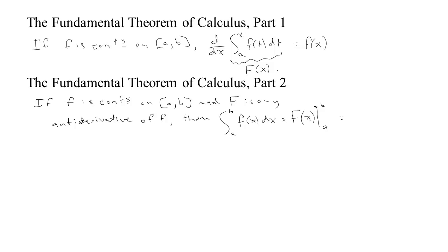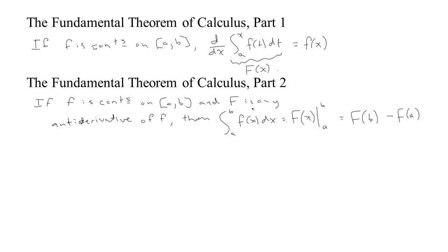Now this is a shorthand notation. When I have the name of a function and I draw a straight up and down bar with two numbers there, that's shorthand for plug in the top number, plug in the bottom number, and subtract the value at the bottom from the value at the top.